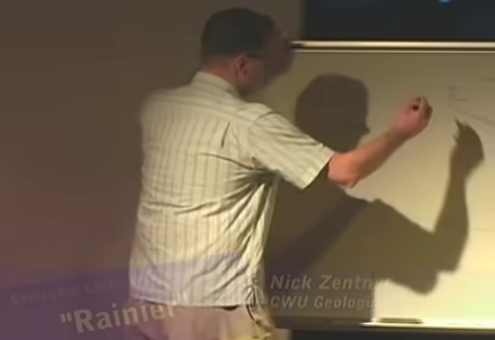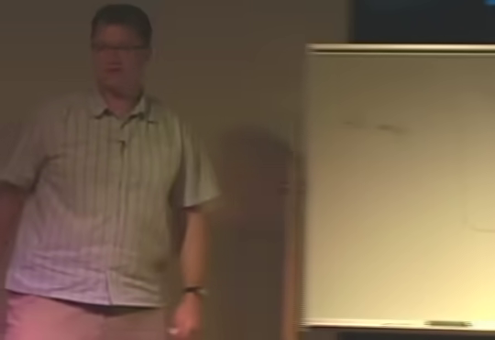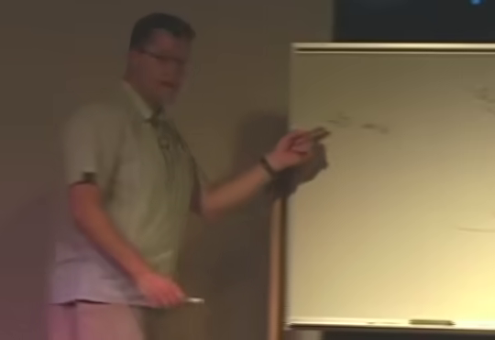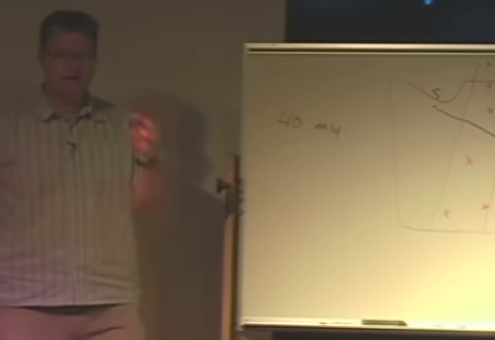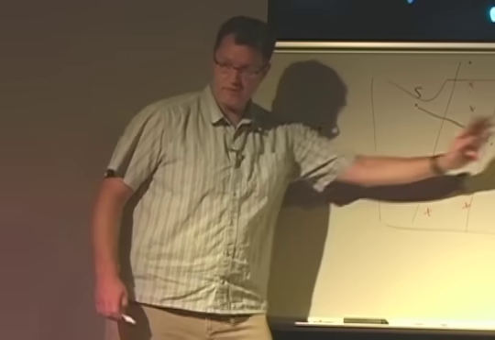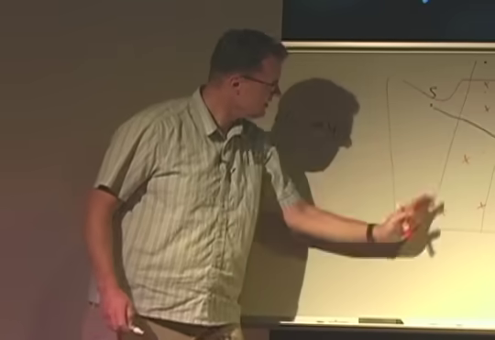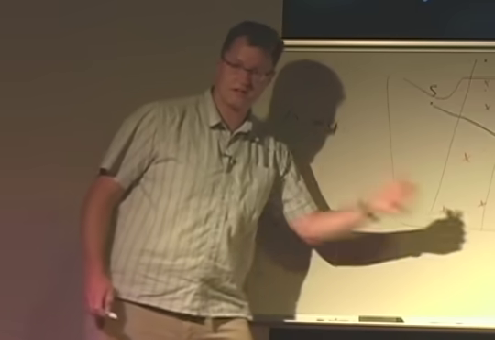Instead, this corridor, this little ribbon of active volcanism that we call the Cascades, has been active for 40 million years. Why not back to 200 million years? That's going back to our first lecture of this series, where we're bringing in pieces off the ocean and building Washington. It's not till 40 million years ago that we had this be the appropriate place to start sending magma up from the subduction zone. Okay, so 40 million years.